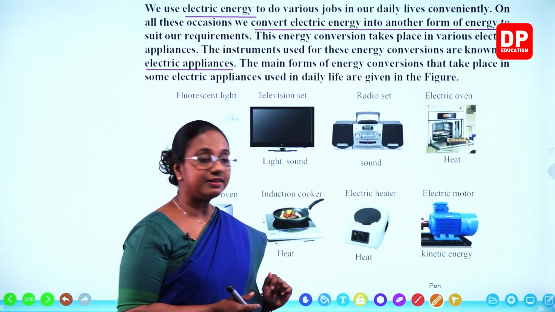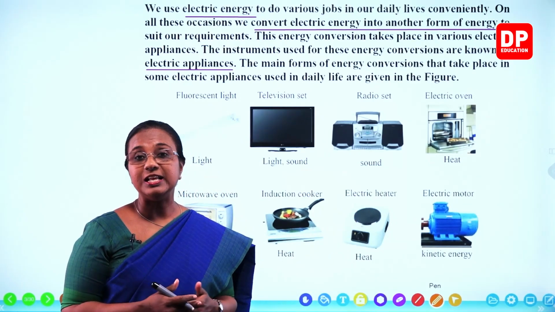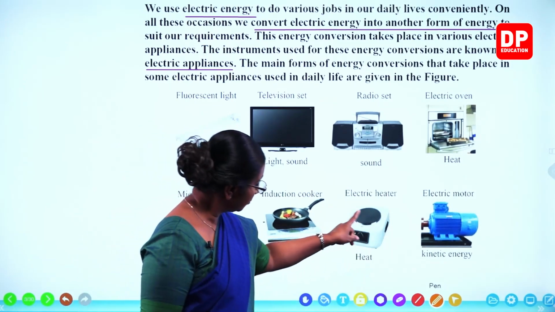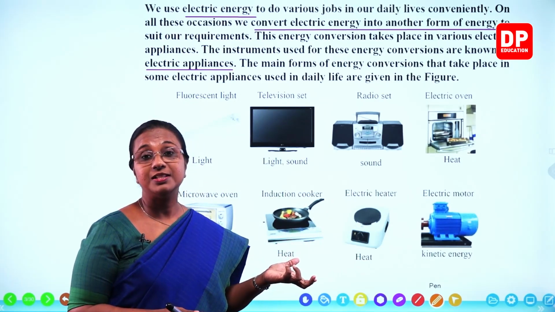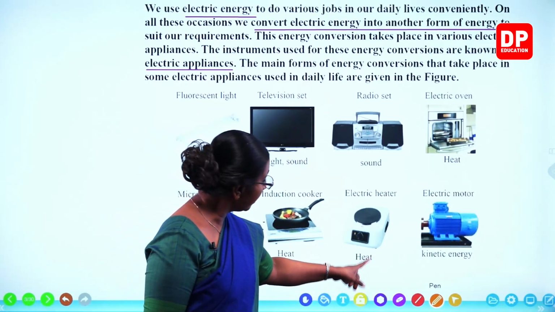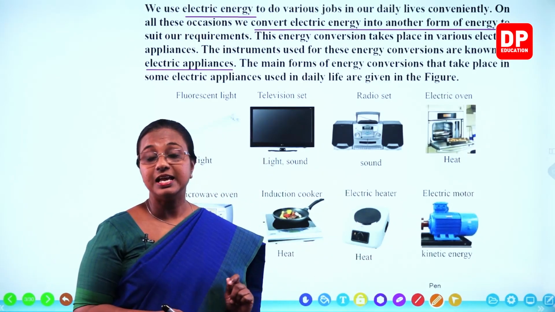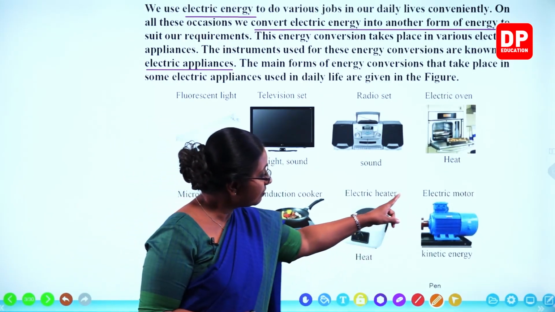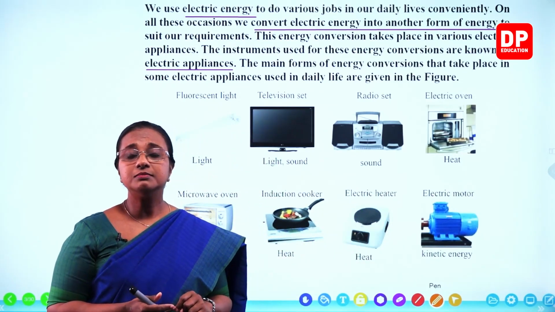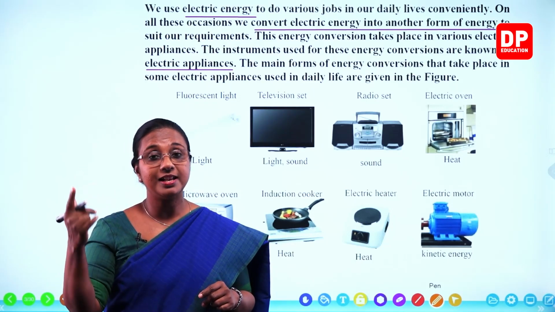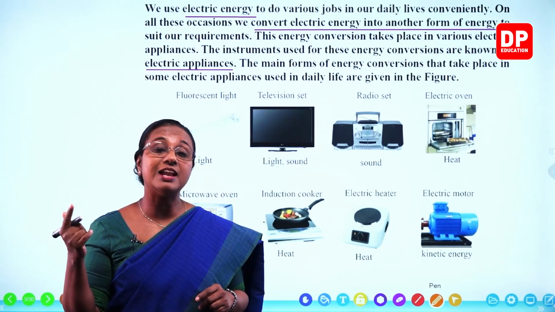Another device, the electric heater, that is also used for boiling water and cooking. So there they use a heating coil. You must be familiar with the heating coil. So there, electricity to heat energy. Then we have the next one, the electric motor. Now in a fan, there is an electric motor. So the fan blades can rotate.